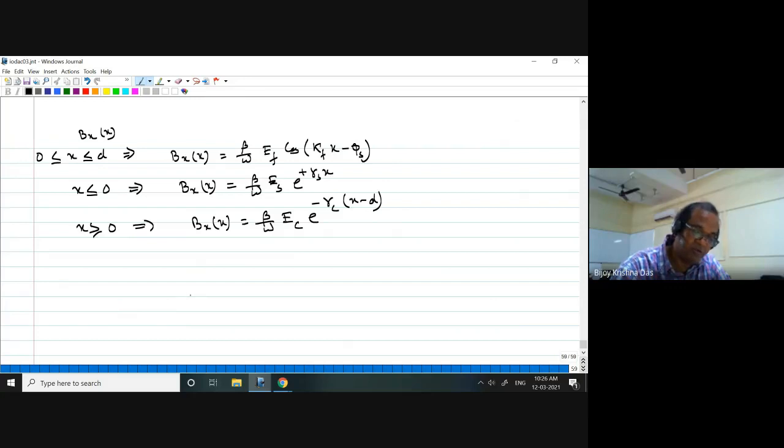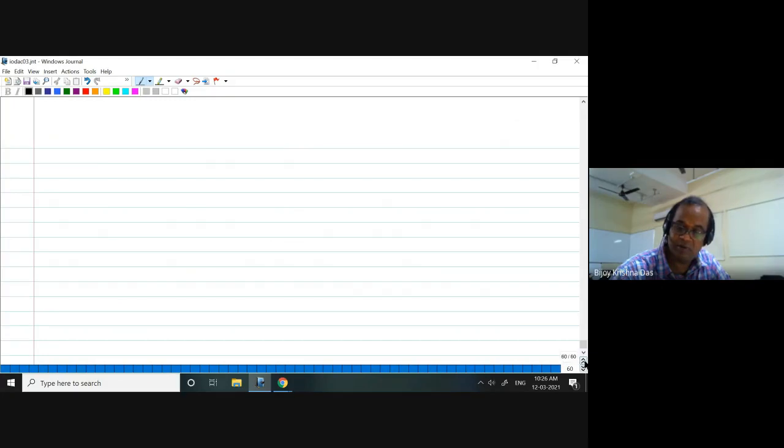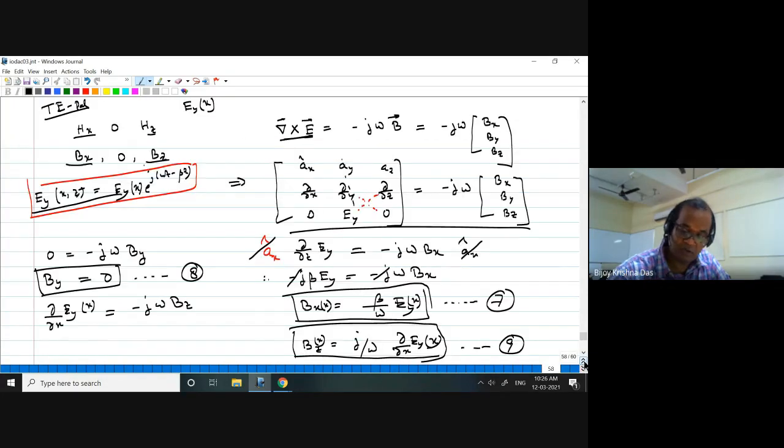Now what about the same thing for the z component, bz of x? For the z component, if I compare here, it means j by omega and the derivative with respect to x of Ey, right?